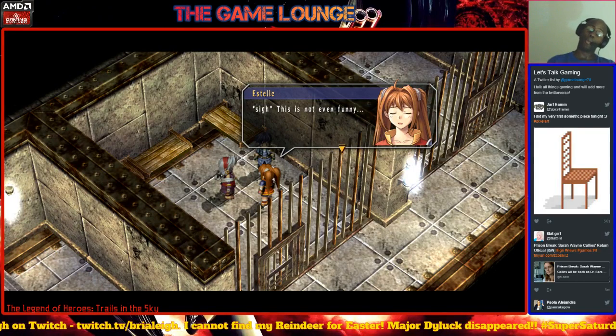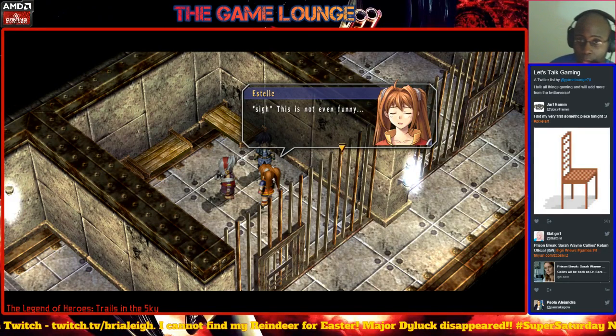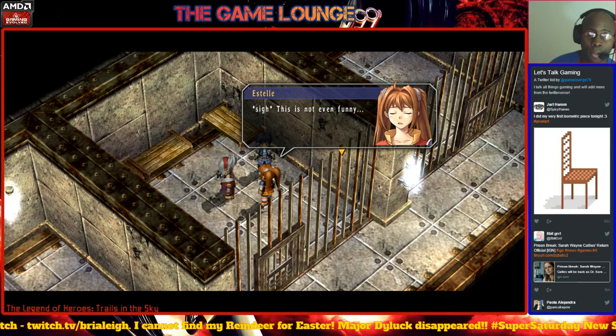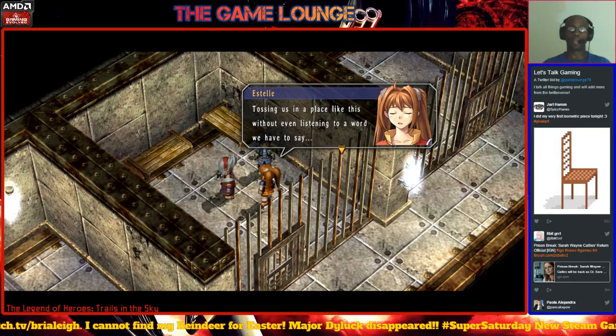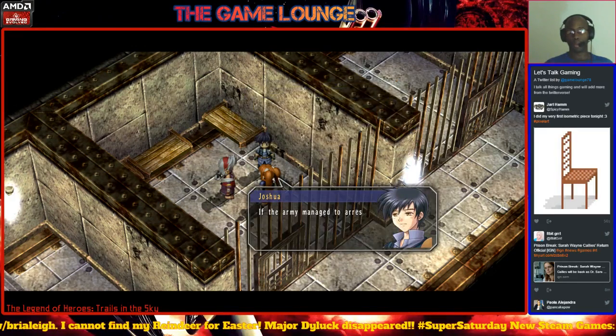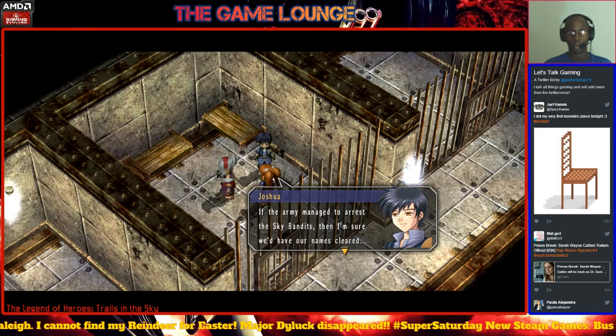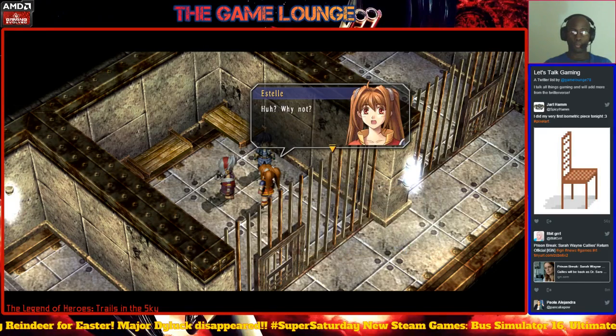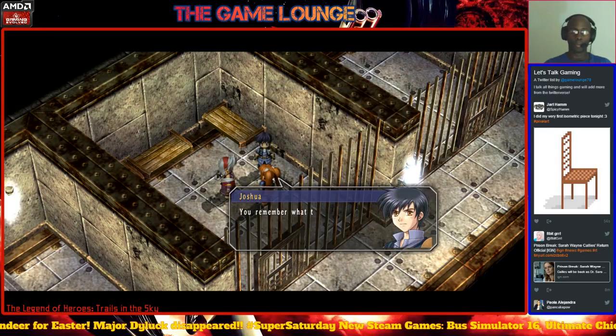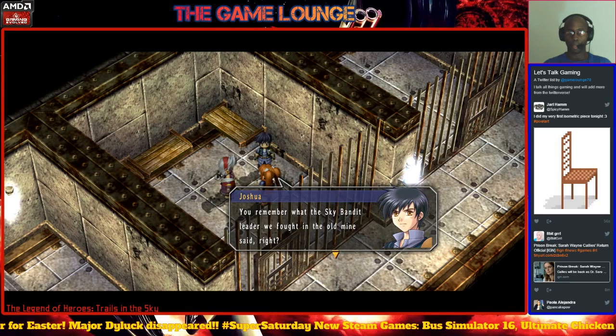Wow, I didn't think I would end up in jail. This is not even funny. Tossing us in a place like this without even listening to a word we have to say. If the army managed to arrest the Sky Bandits, then I'm sure we'd have our names cleared. But with the way things are at the moment, that may not be possible. Huh? Why not? You remember what the Sky Bandit leader we fought in the old mine said, right?